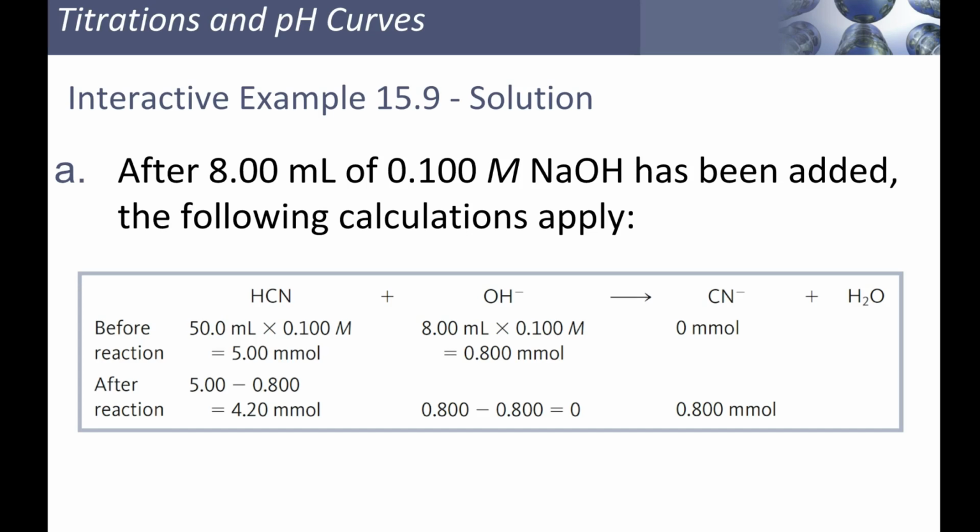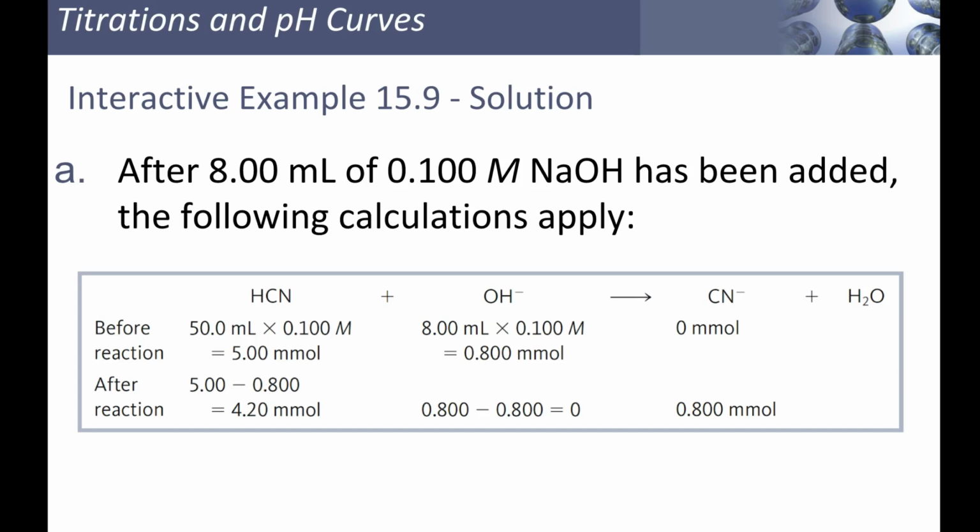First, let's think about what in the world your reaction is. You have HCN and hydroxide, and then you have cyanide and water. Okay? You start with 5 millimoles of HCN, right? Because it's 50 milliliters of 0.1 molar. And you're adding 8 mils of 0.1 molar NaOH, which is 0.8 millimoles, right?